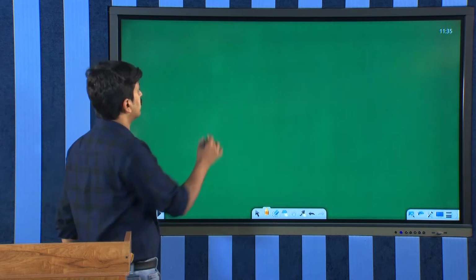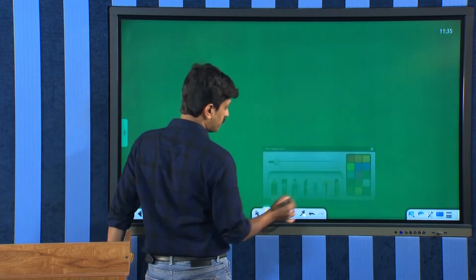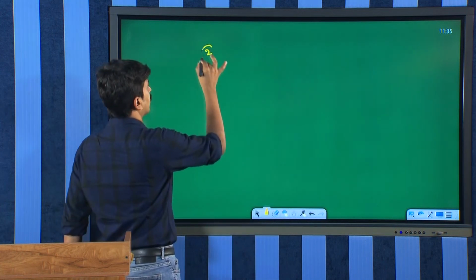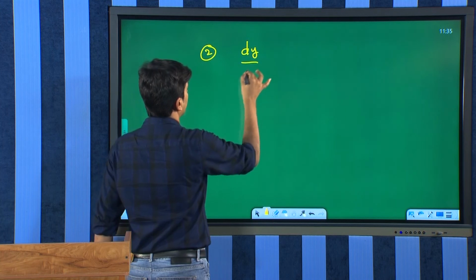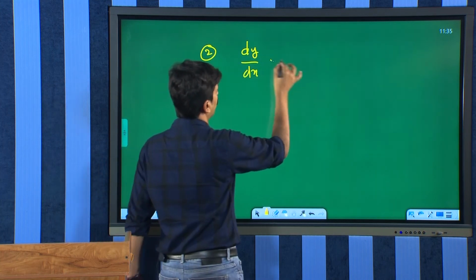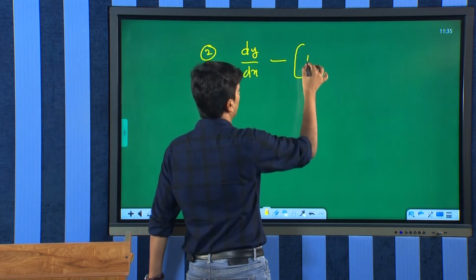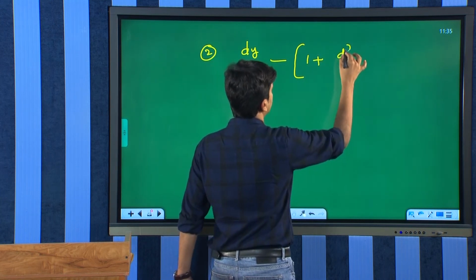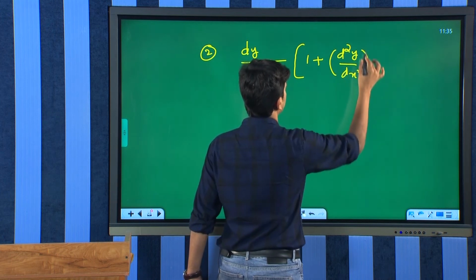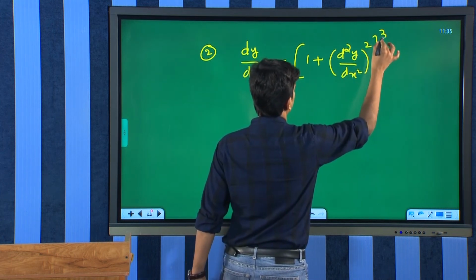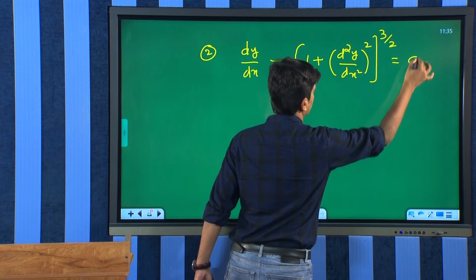The second question: (dy/dx minus 1 plus (d²y/dx²) whole square) whole raised to 3/2 is equal to 0.